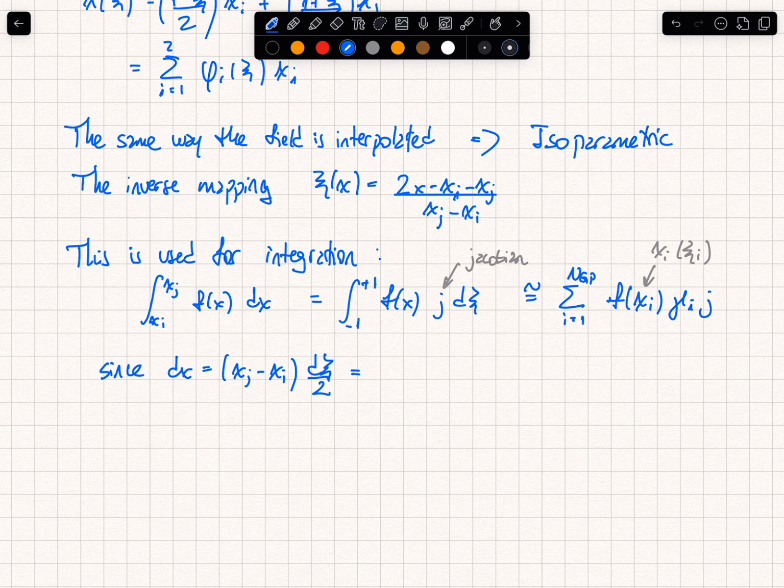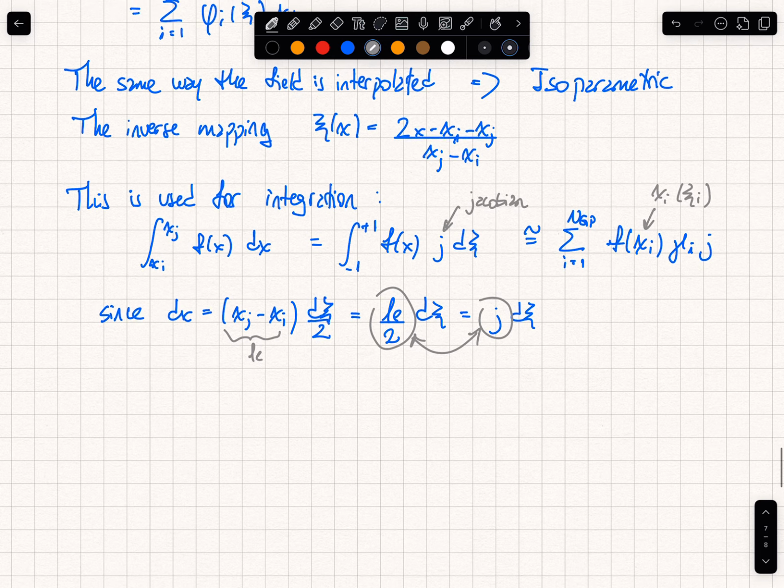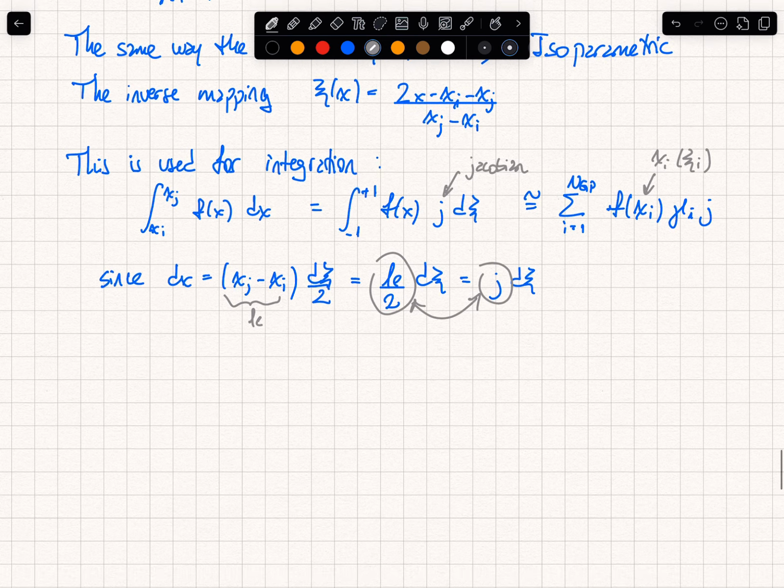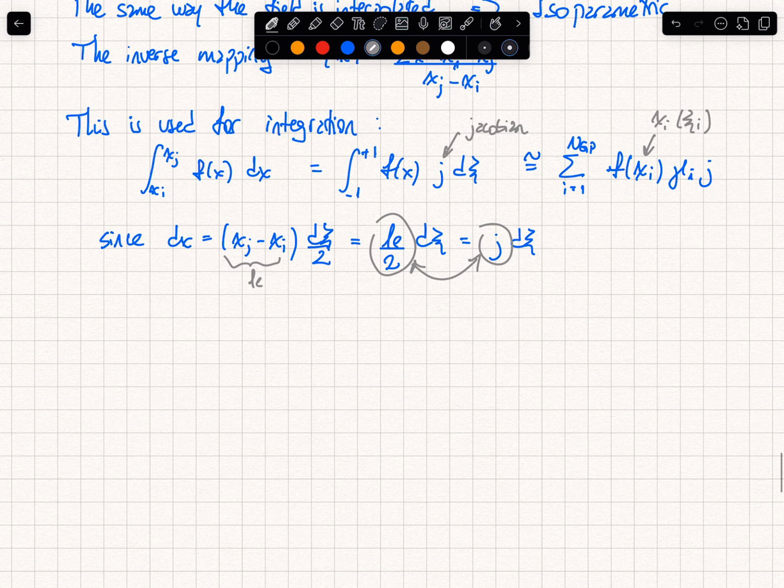Then again, this xj minus xi is the length of the element, so I'm going to write that as le divided by 2 dxc, and so that is what I call j. Right? It is the length of the element divided by 2, going back to the ratio of those two lengths.